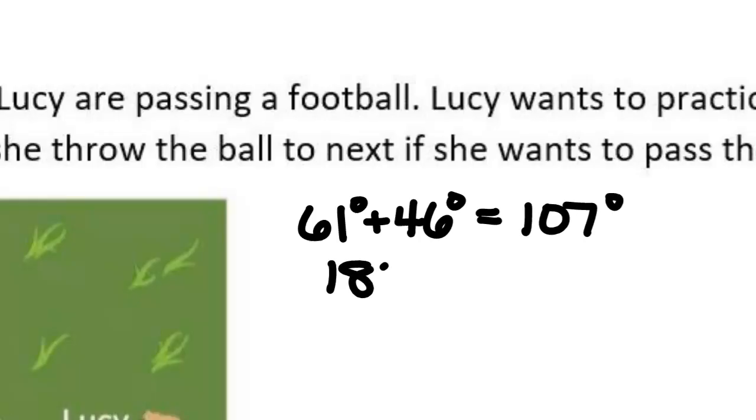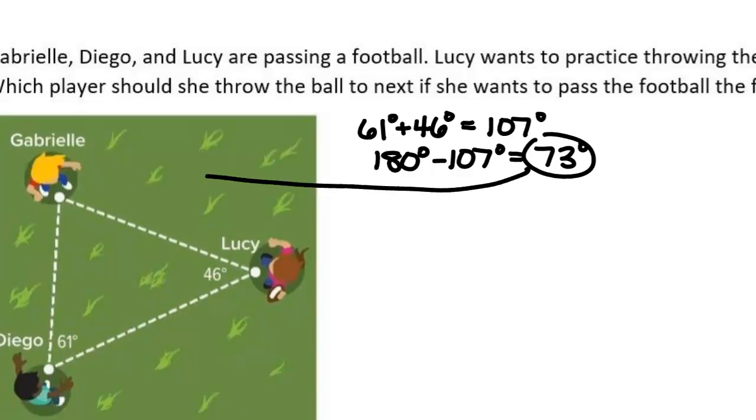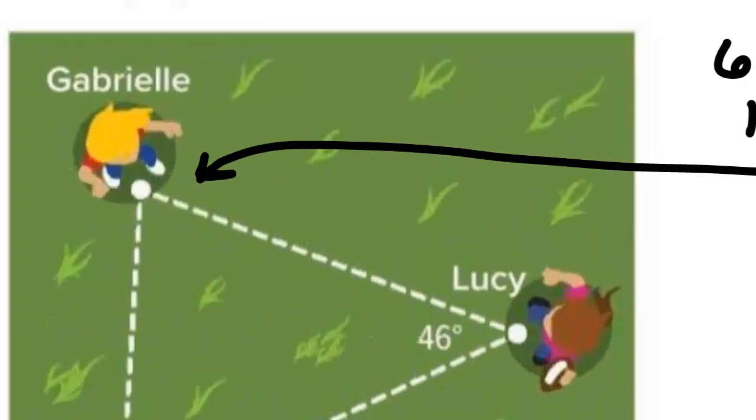Then we're going to do 180 minus 107, which gives us 73. So 73 degrees up here by Gabrielle.